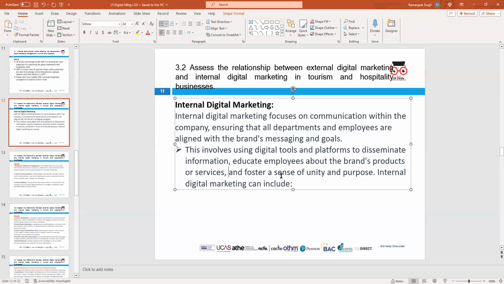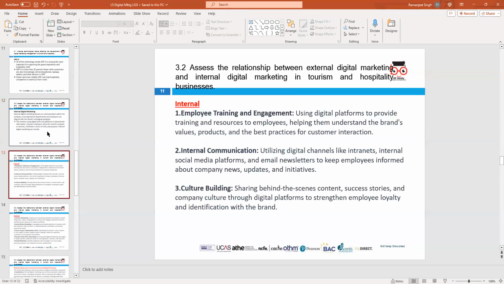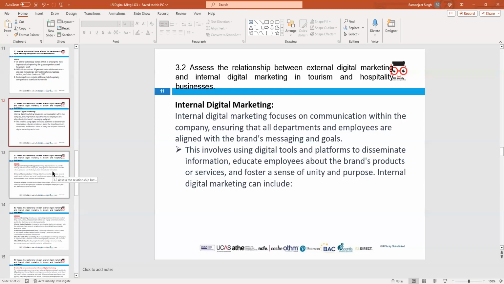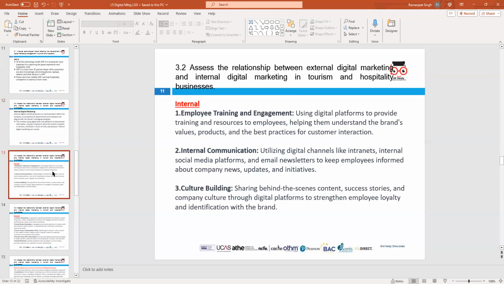So they provide lots of information about training. Okay, the intranet is one of the digital marketing tools that tells the employees about their training opportunities, about communication, about the culture of the organization.